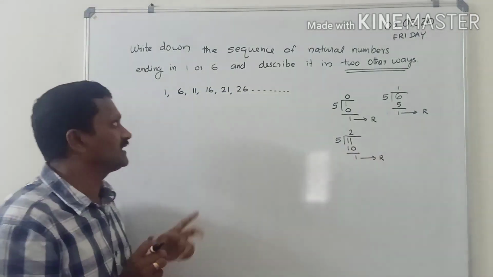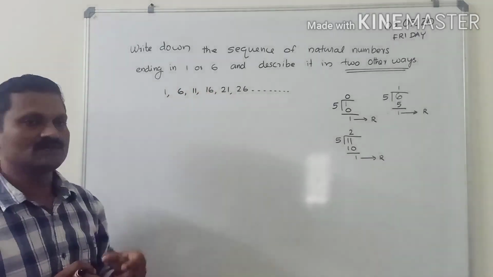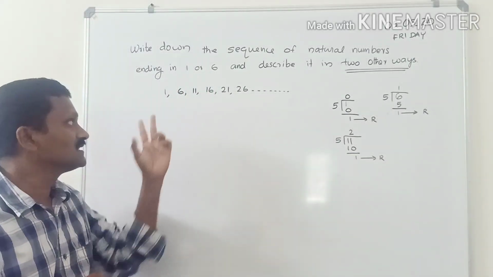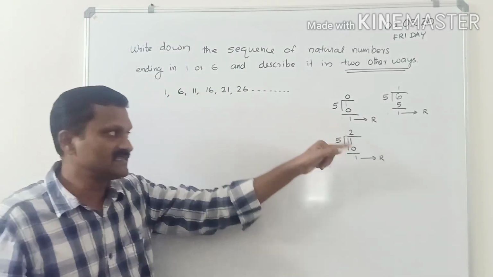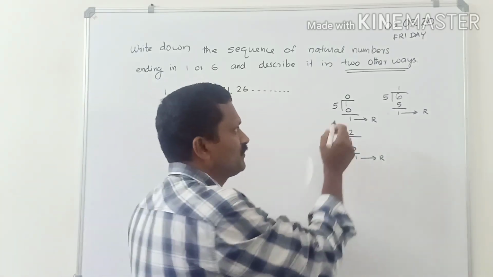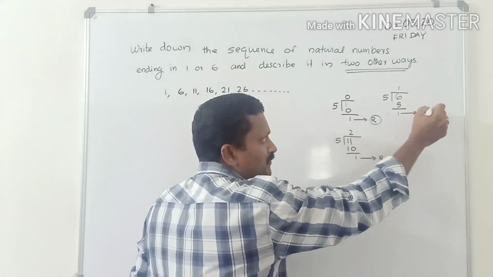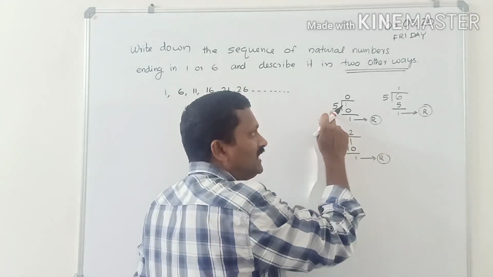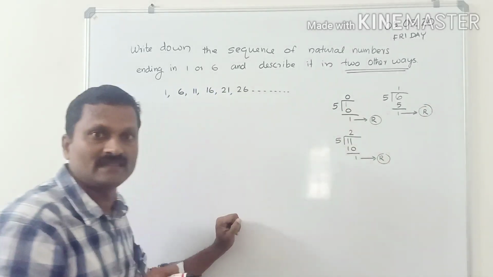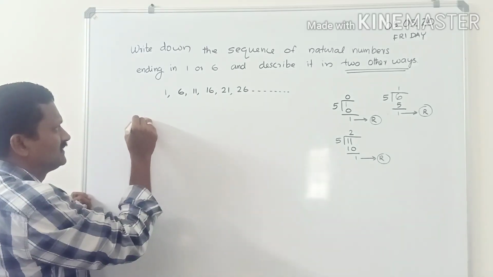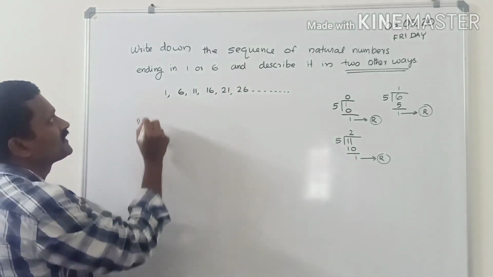Similarly, we can check the remaining terms also. All the terms satisfy this property. What is the property? They leave remainder 1 on division by 5. That is the second method. That is the first answer.